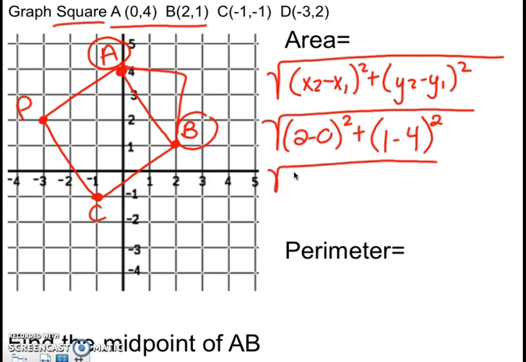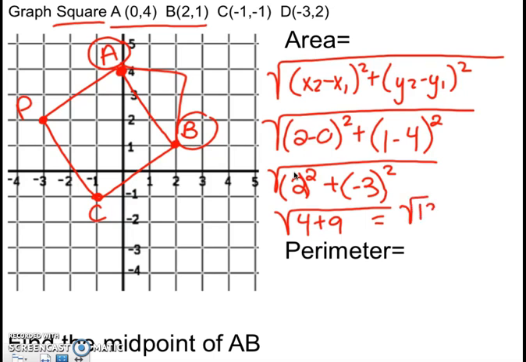I'd end up getting 2 minus 0 is just 2 squared, plus 1 minus 4 is negative 3 squared. Lastly, 2 squared is 4, and then negative 3 squared is 9. So 9 plus 4 is going to be 13. So the square root of 13 would be my answer.